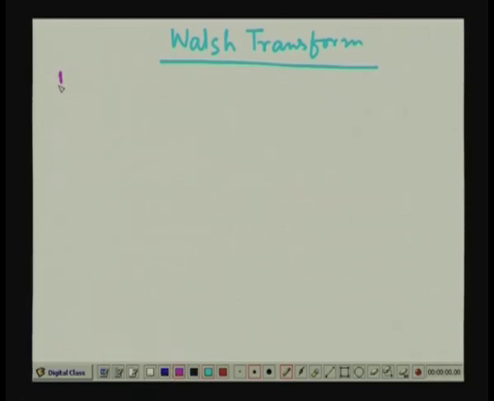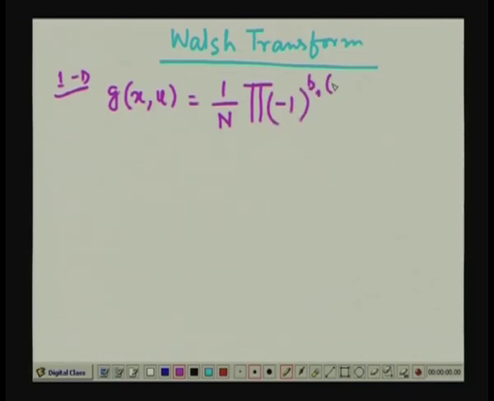In case of 1D, the discrete Walsh transform kernels are given by g(x,u) equal to 1 upon capital N into the product of minus 1 to the power b_i(x) into b_(n-1-i)(u), where the product is taken over i equal to 0 to n minus 1.